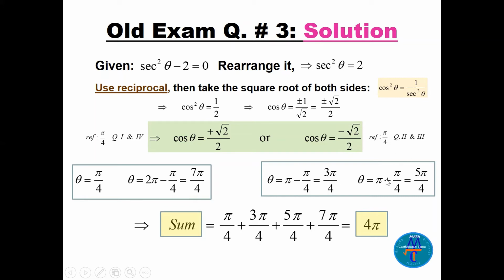In quadrant 3, it will be pi plus pi over 4, which is 5 pi over 4. So we have now pi over 4, 3 pi over 4, 5 pi over 4, 7 pi over 4. You can put them any way you like because you are adding the 4 angles. Same denominator, it will be final answer 4 pi.